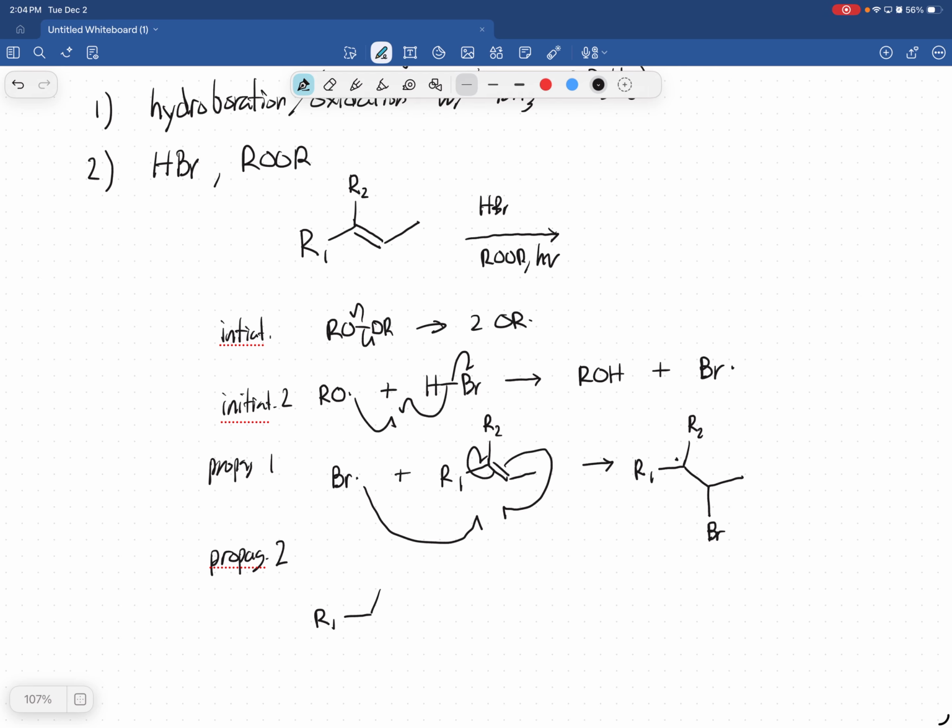So for these mechanisms, unless specified, don't write the termination step. You don't have to do that. So HBr right here is going to combine with another HBr molecule. And then this bromine here is going to cycle back up.